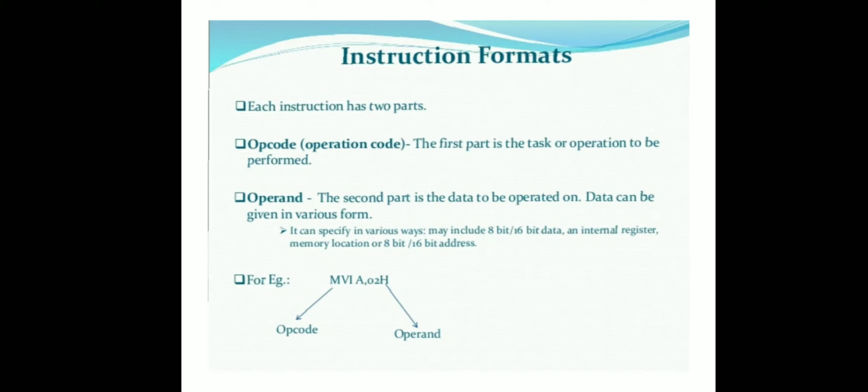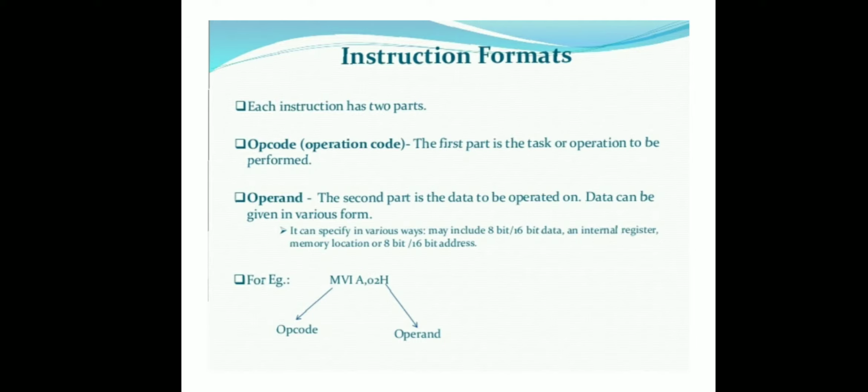The instruction of the 8085 microprocessor has two parts. Opcode, that is operation code, is the first part of the instruction, which represents the task or operation to be performed. Operand is the second part of the instruction, which is the data on which the operation will be performed.